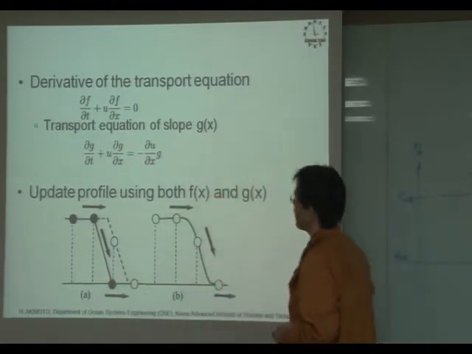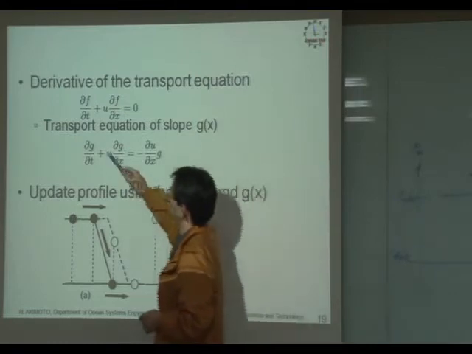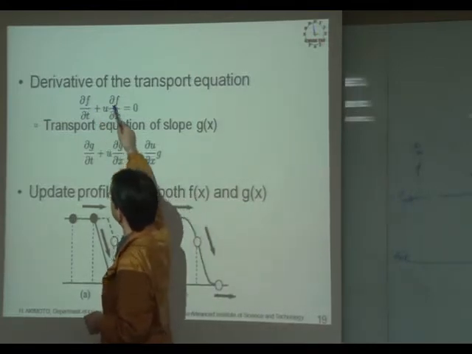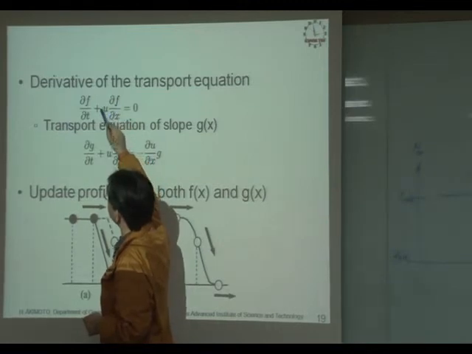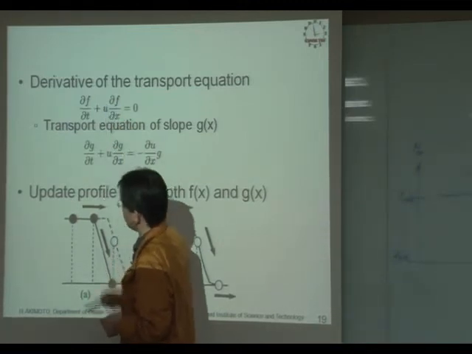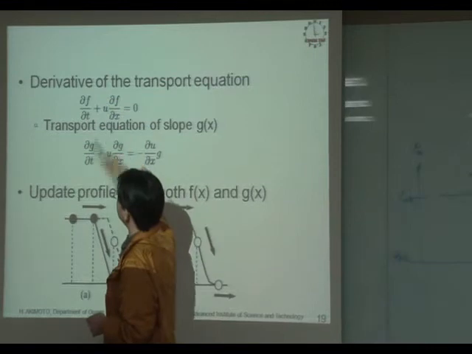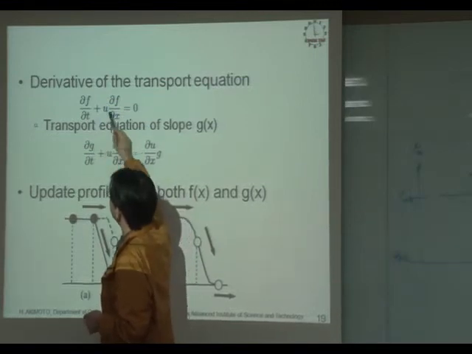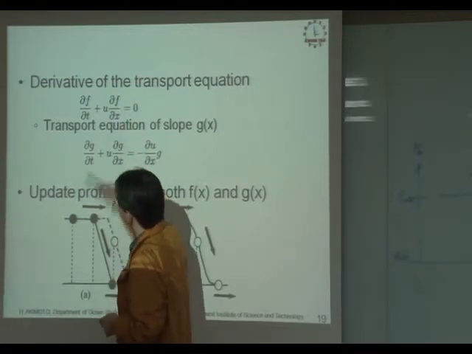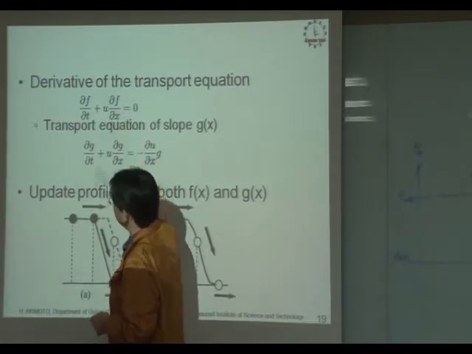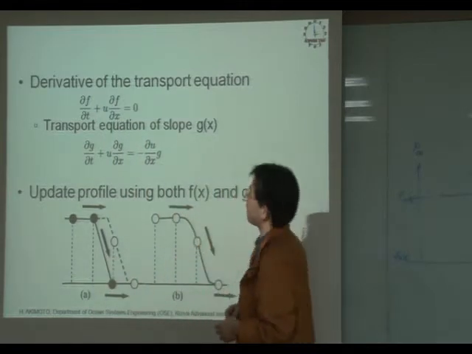The value F experiences convection caused by an ambient flow velocity U. So U times dF/dx is the convection term.